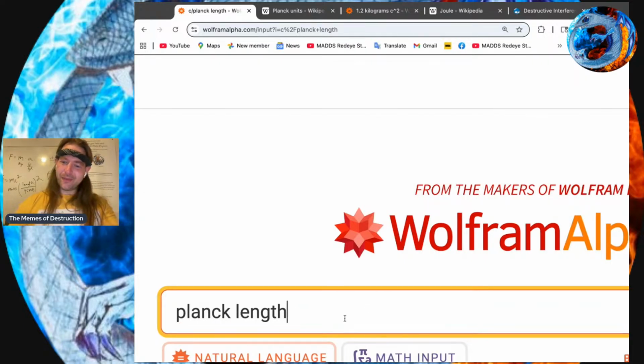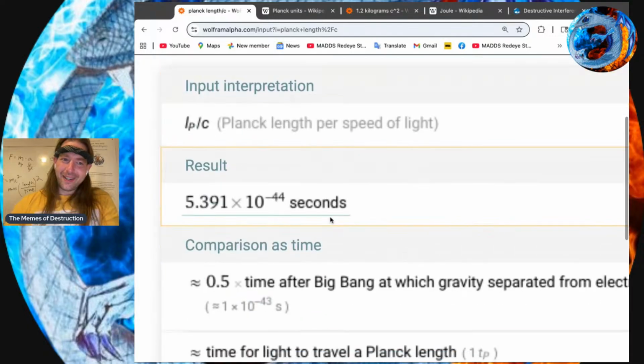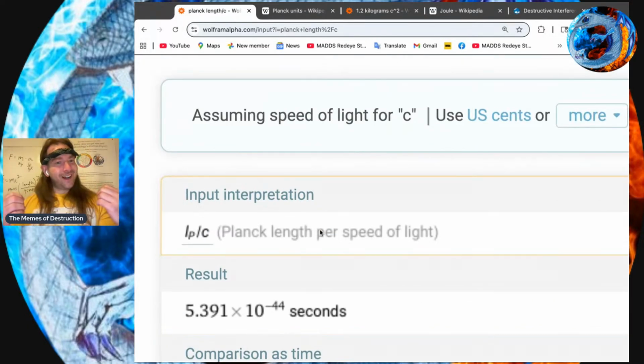Then we divide Planck length by c. Lucky, hey, we get the Planck time. Yay! So these things are going to relate to each other. But as we just saw, the equivalent Planck temperature is up by 2 pi. So we may consider that a rotation.